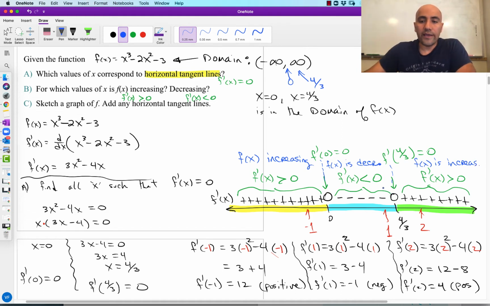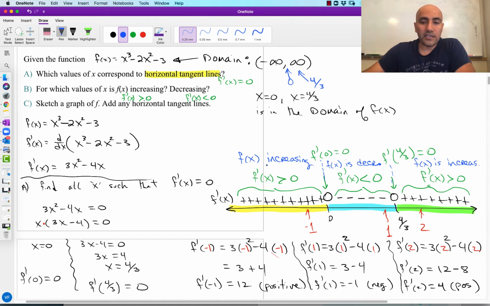Okay, so we have a lot of information about our underlying graph f of x. We know it's increasing in this zone. We know that it's decreasing in this zone. And we know that it's increasing in this zone. We can be more specific about where it's increasing by putting the interval.